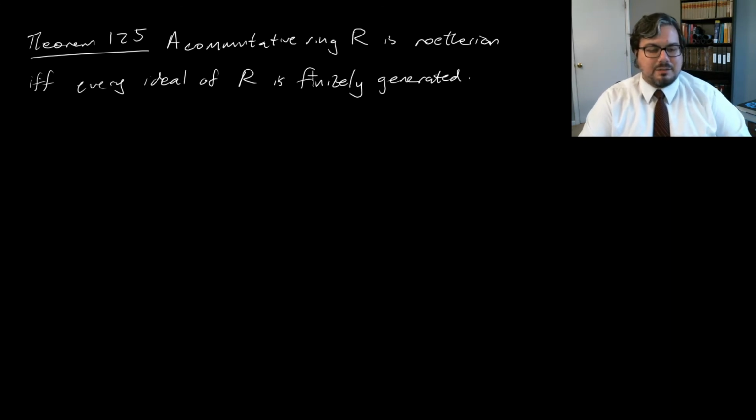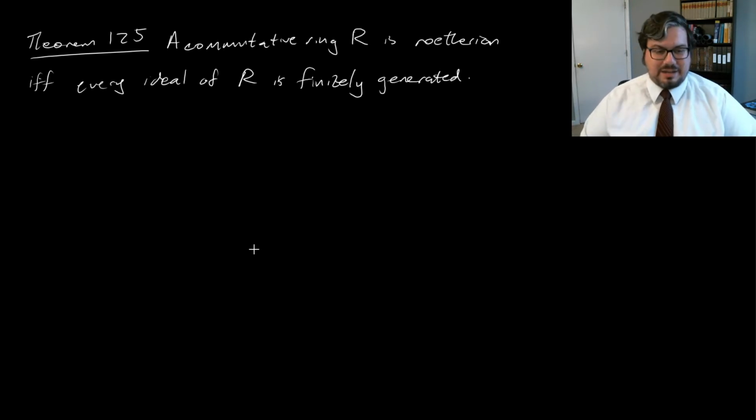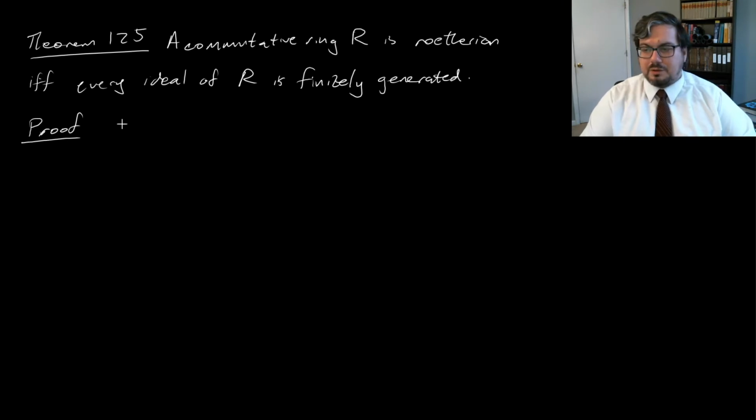So if every ideal of R can be generated by a finite set, can be expressed as the smallest ideal containing a finite set of objects, that's equivalent to satisfying the ascending chain condition. So let's see how this proof goes.